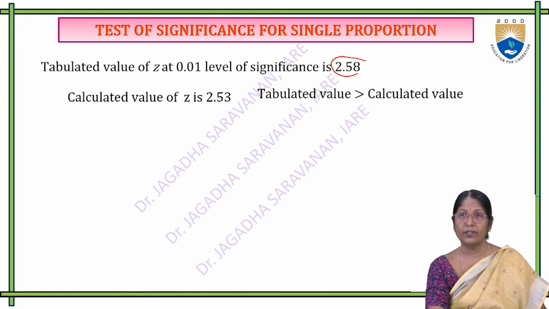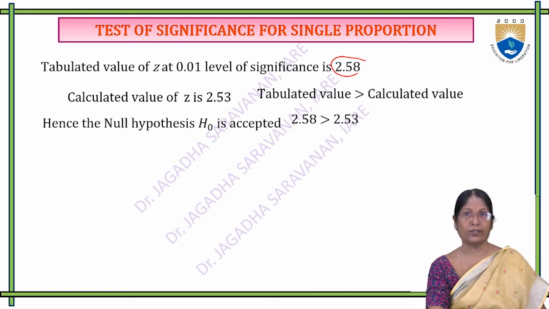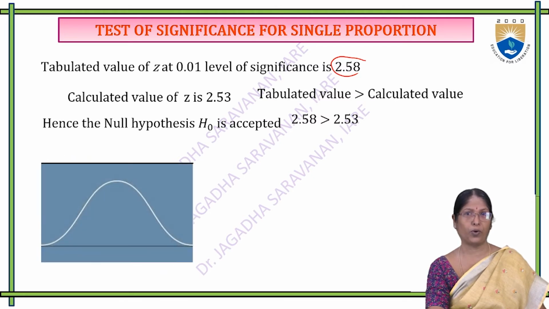If the tabulated value is more than the calculated value, the null hypothesis we defined, we have to accept. So the null hypothesis H0 is accepted. That is what we defined, that wheat eaters and rice eaters are both equally popular in that state, and we have to accept it. So what about the graphical representation for this particular problem?